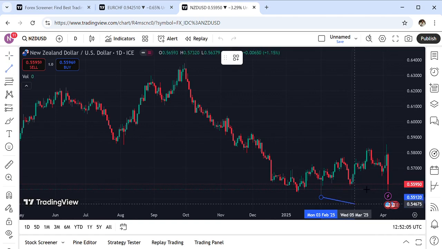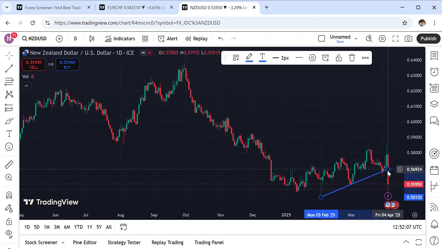You can see this is a support and resistance level at the 1 day. Sometimes support and resistance levels can be in the 1 hour, or in the 15 minutes, depending. So you draw your support and resistance level. So this is support level 1, 2, and 3.